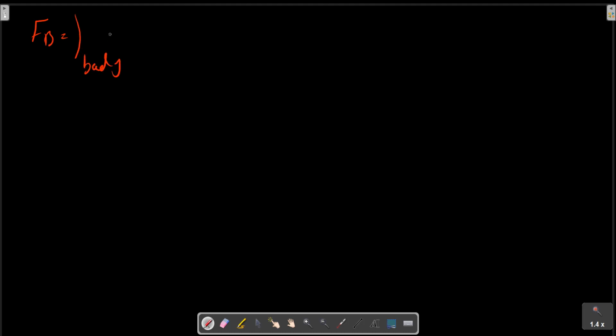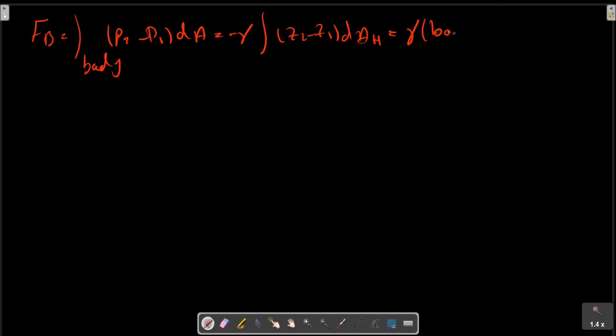We integrate over the body volume, (P2 minus P1) dA, which equals gamma times body volume.